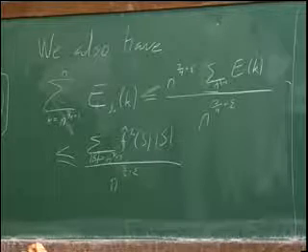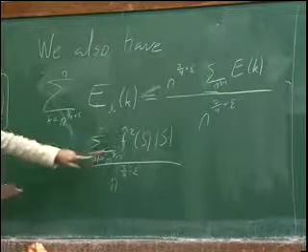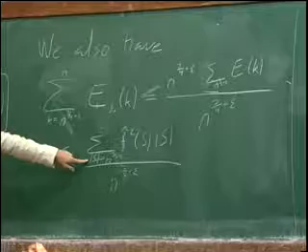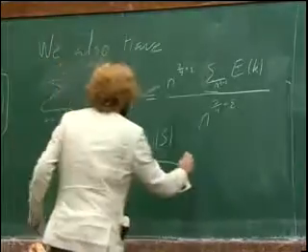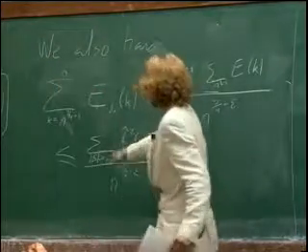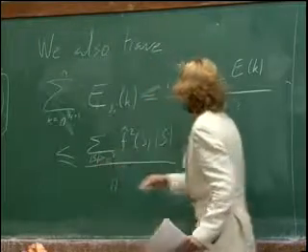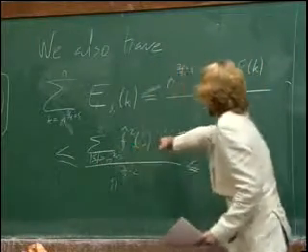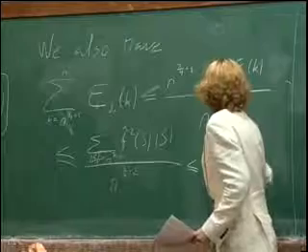Right. And this thing is obviously, now I'm only summing over large things here, but this is of course smaller than or equal to what I would get if I summed over all S's. And what I would get if I summed over all S's is just the total influence.